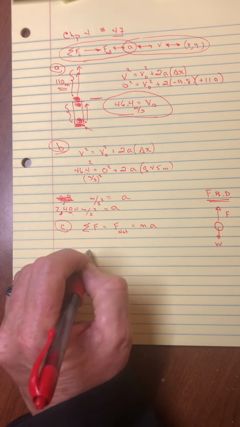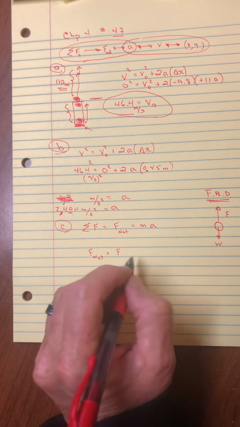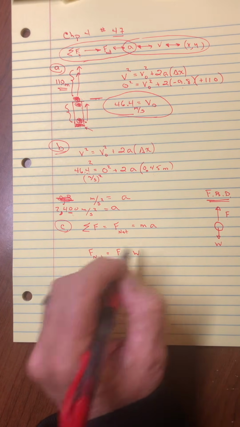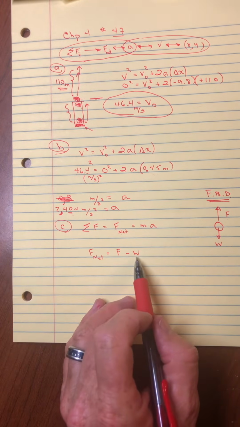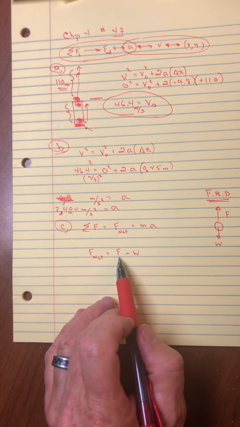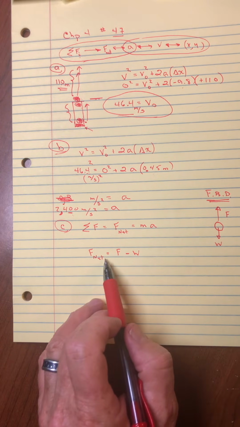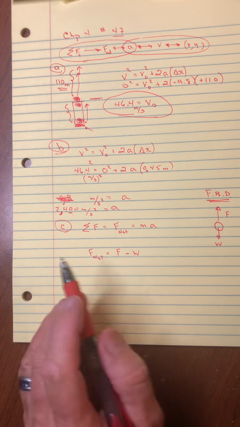And I would even go so far as to say that they might mean the net force. However, the net force would be the force from the exploding gunpowder minus the weight, and the weight is going to be a small number compared to the force from the gunpowder. So that's maybe why the question's vague, that they could mean either one.